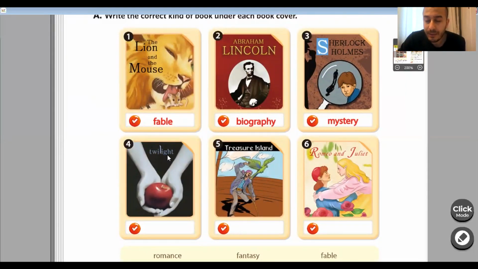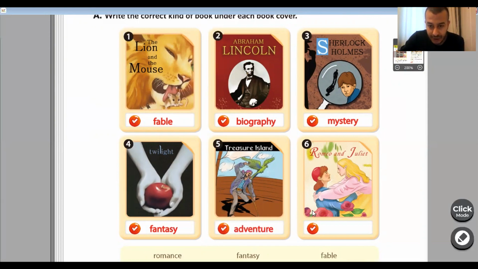So it involves some wolves and it depicts unreal things, and whenever something is very different from real life, it must be a fantasy. The next book cover has a parrot and a pirate who is planning to attack, or he's ready to attack the enemy. So it involves some physical danger, so it must be an adventure book.